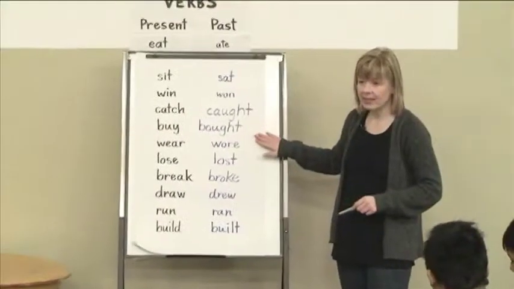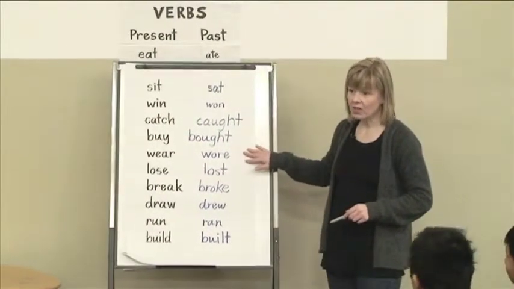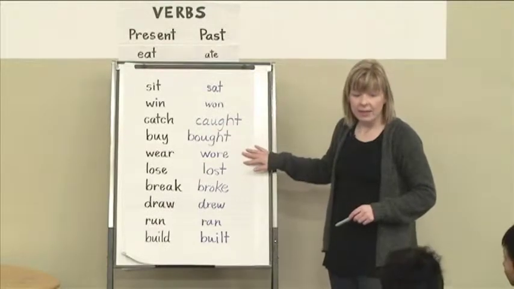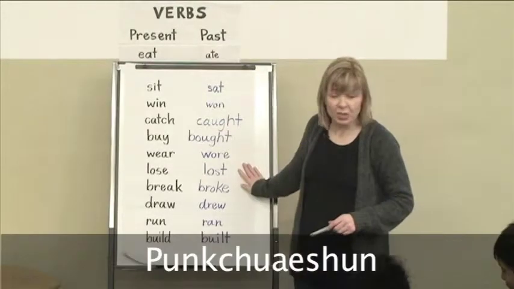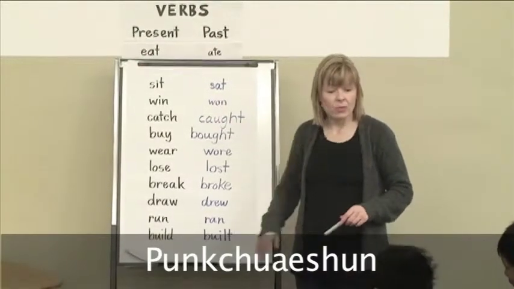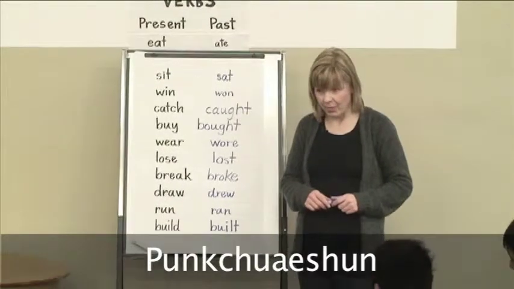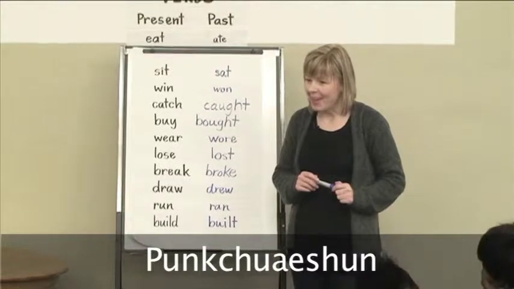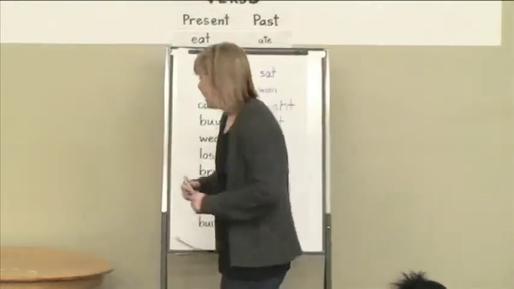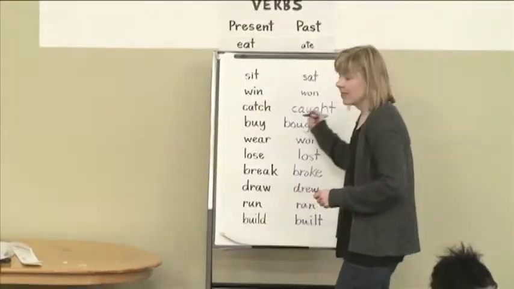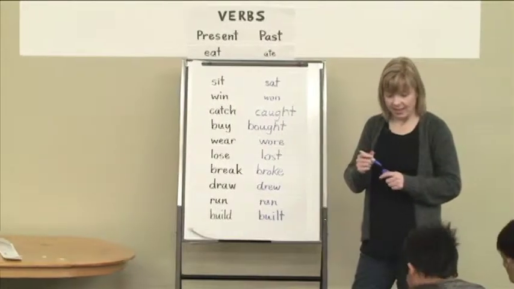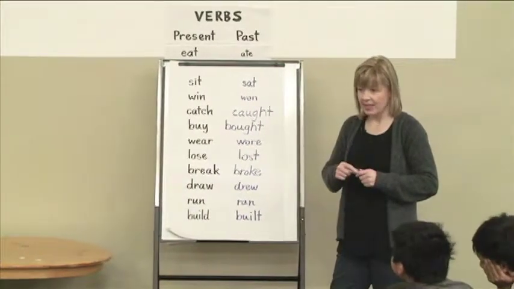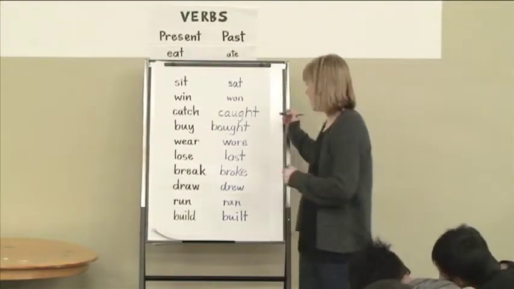And while we practice these verbs, we're also going to practice some punctuation in a sentence. And we talked a little bit about this before. Exclamation marks, and what else can be at the end of a sentence? A period.